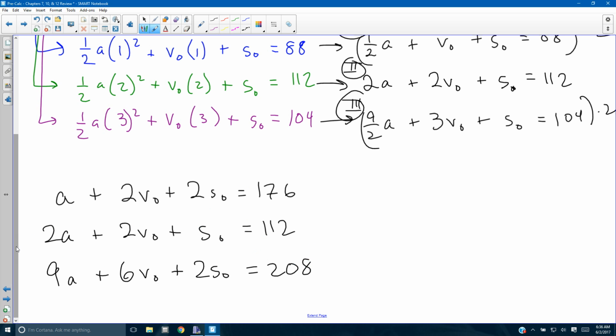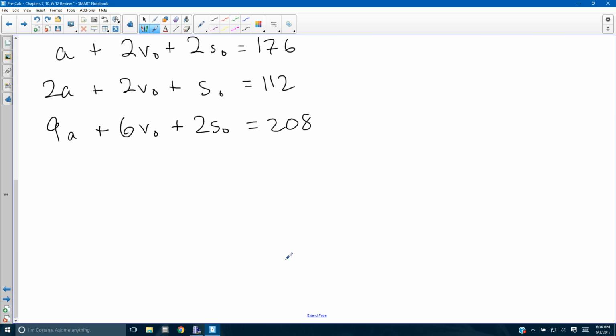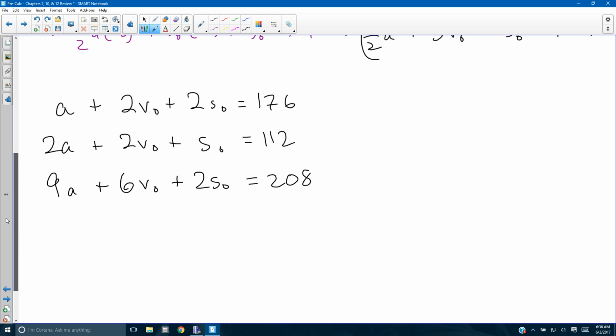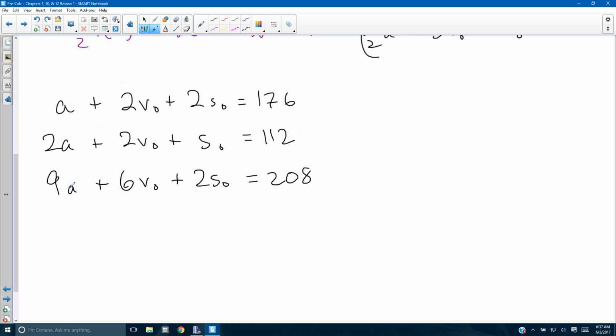All right, so the end goal is to solve for all three of these variables. It doesn't really matter which one you solve for first. I probably don't want to solve for a, for the same reason that 2a doesn't go into 9 very easily here. Looks like if we multiply both these equations by -3, we could get rid of the v naught as well. This would also be easy to eliminate too. Probably going to go with this one here, smaller numbers to work with in general.